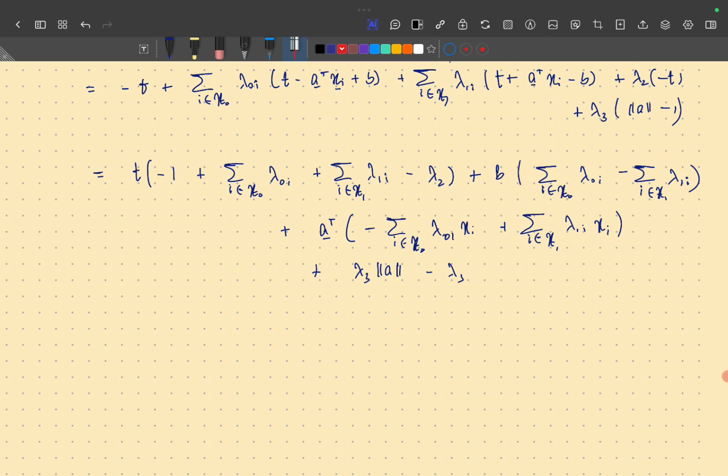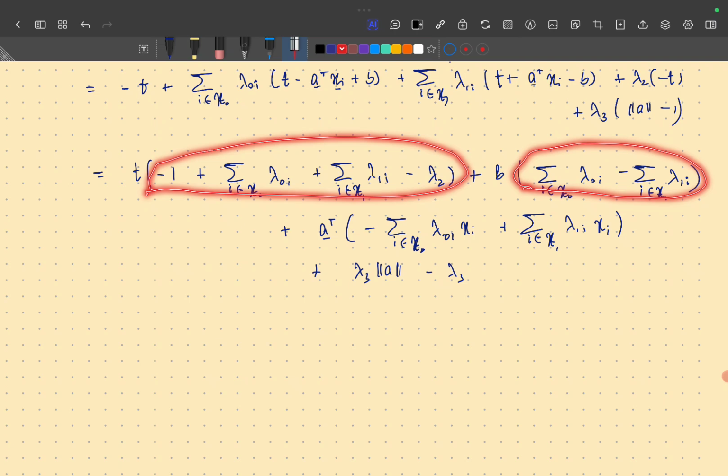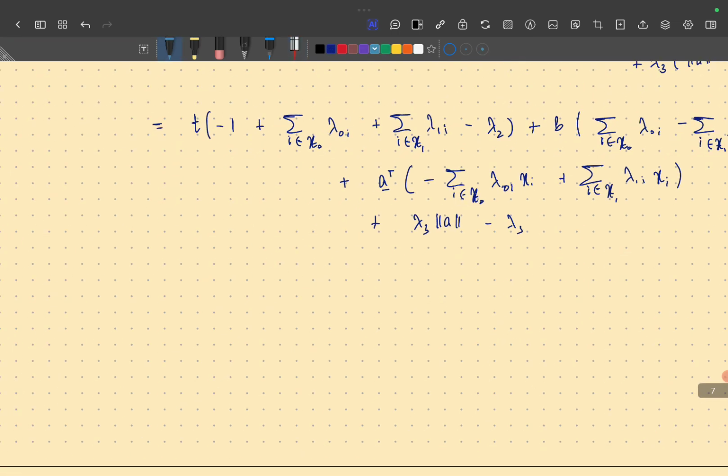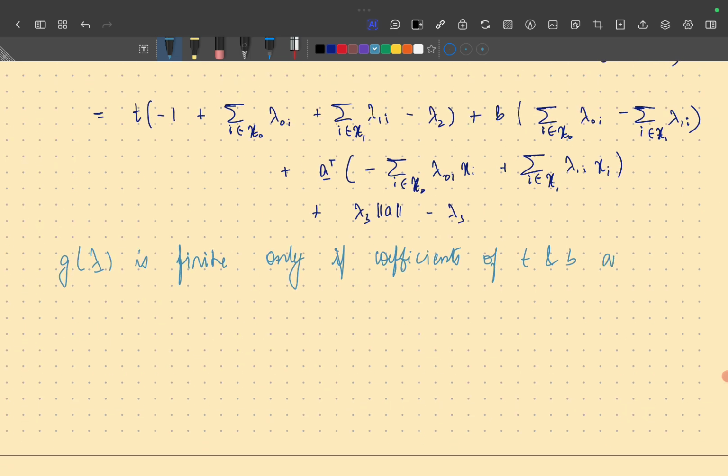So the Lagrange dual can be finite only if this coefficient is equal to 0 and this coefficient is equal to 0. That's observation number one.